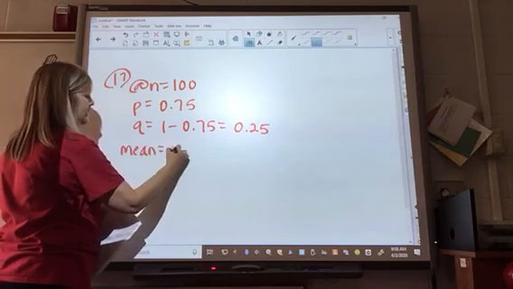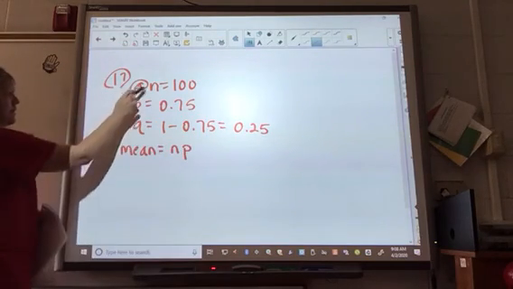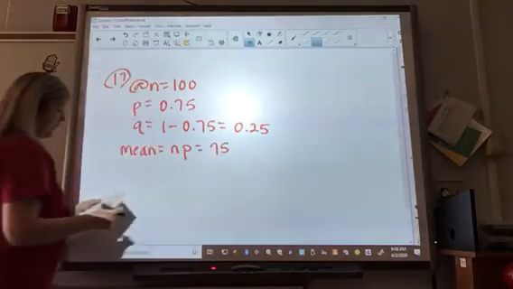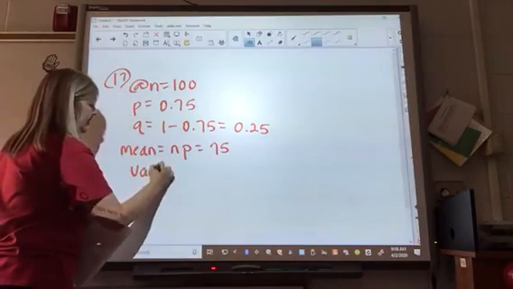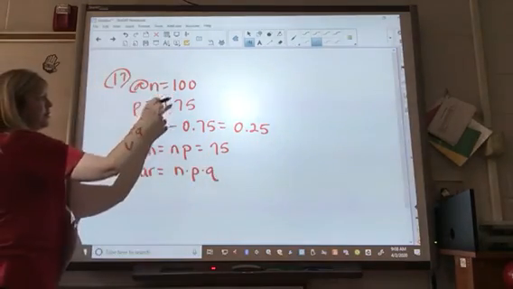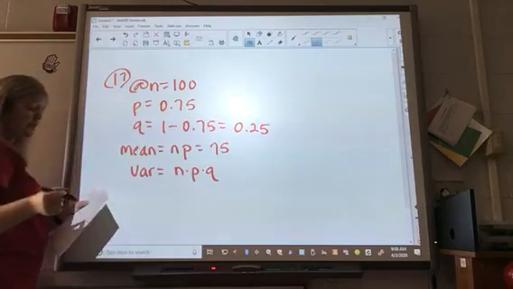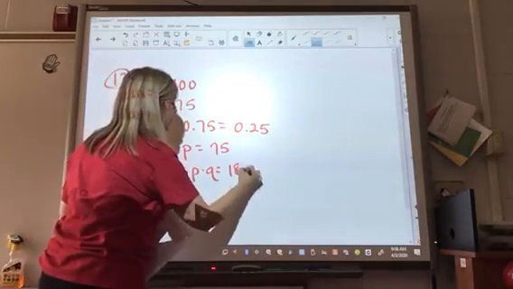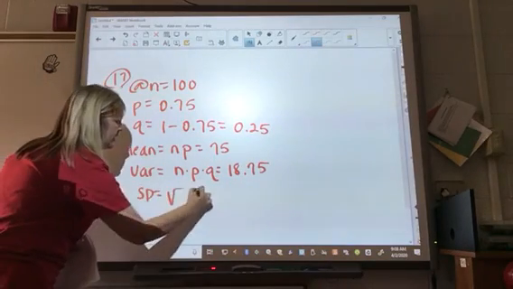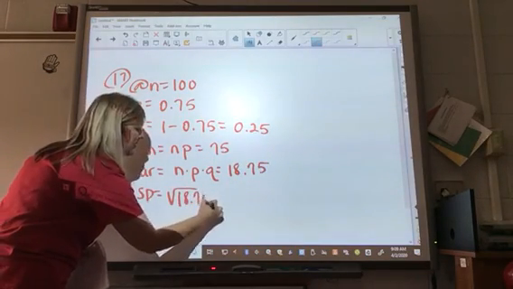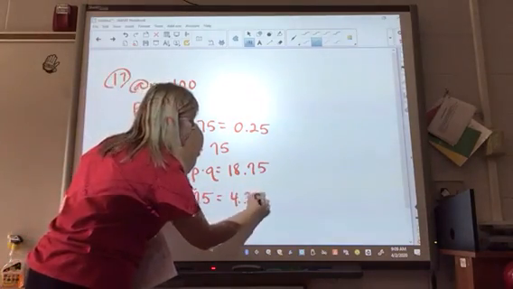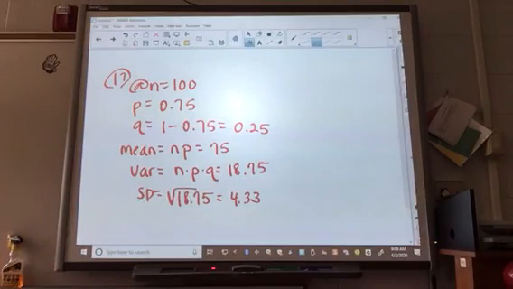The mean is N times P. So N times P, that's 75. The variance is N times P times Q. So 100 times 0.75 times 0.25, that's 18.75. And the standard deviation is the square root of that, which is 4.33. Okay, let me know if you have questions.